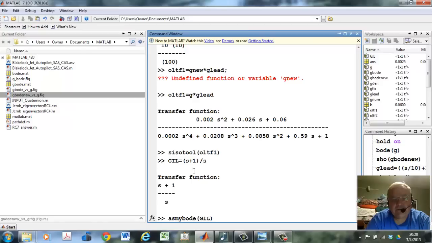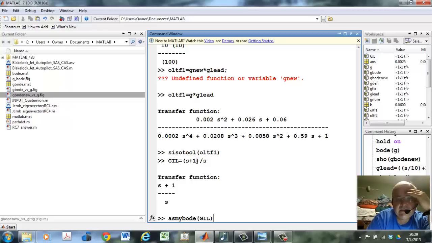So here I have computed an integral lag compensator of s plus 1 over s. And you might ask, why did you pick 1? Because the 90 degrees of phase that comes from the s plus 1 term is going to start at 1/10 of 1, or omega equals 0.1, and the 90 degrees is going to be completely added at 10 times 1, or at 10.